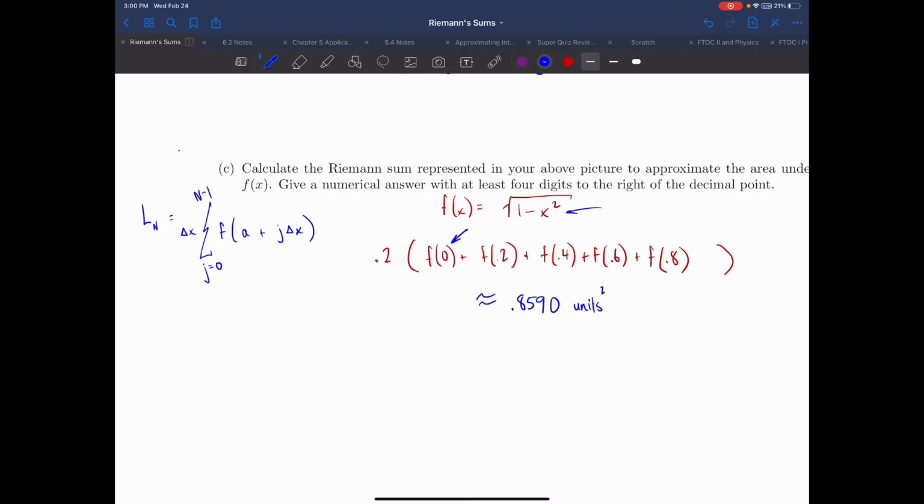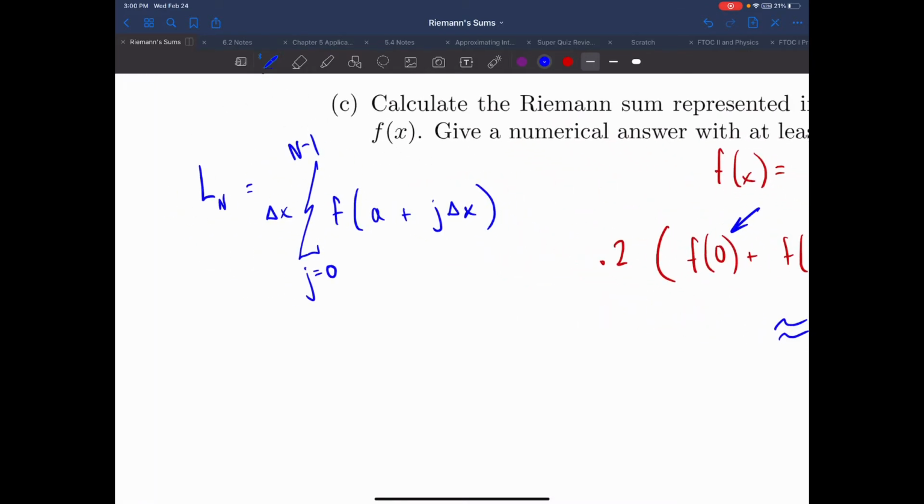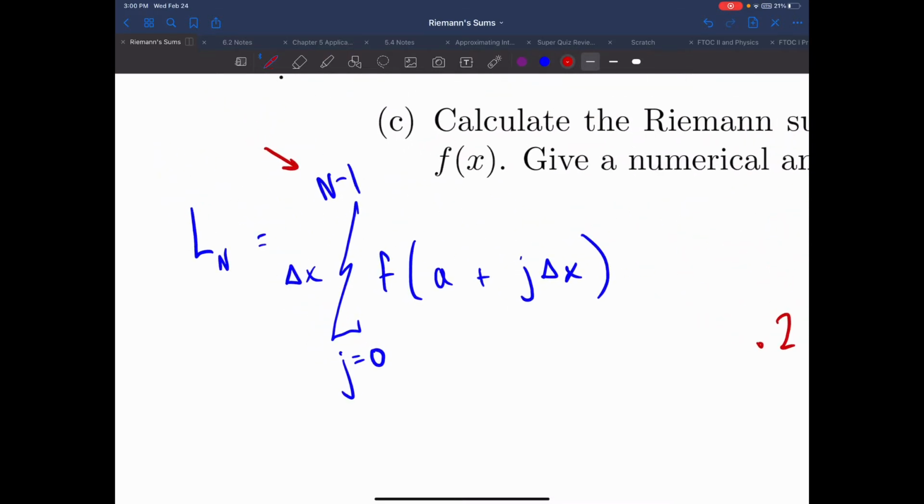So this formula has a lot of parts, and let's just do this. I'll call each of these parts what they are. So n is number of rectangles. Okay, so in this case, we'd plug a 5 in there. A is going to be your first value that we're using. So in our case, A would be 0.